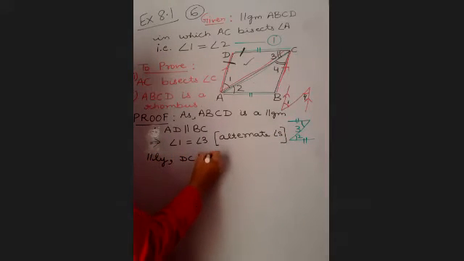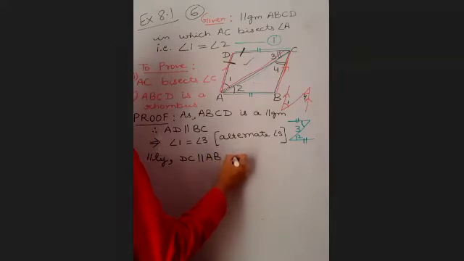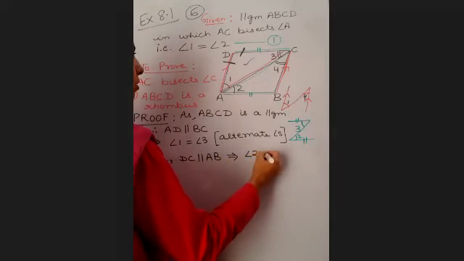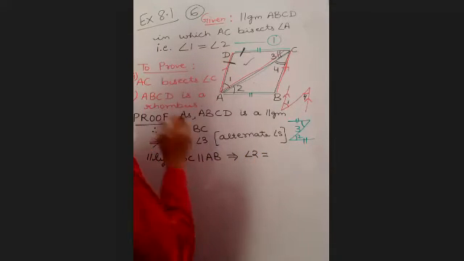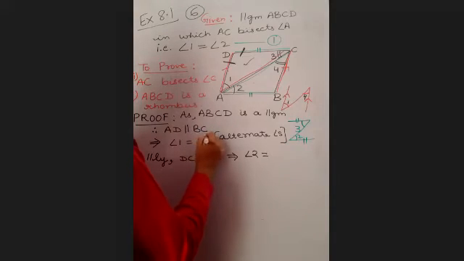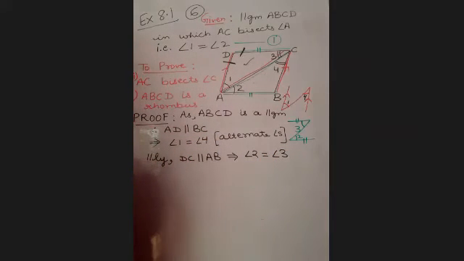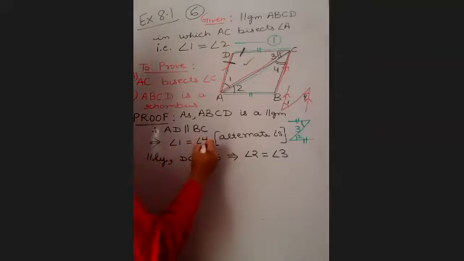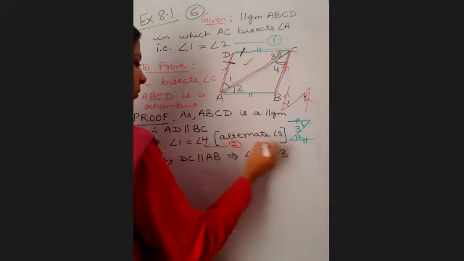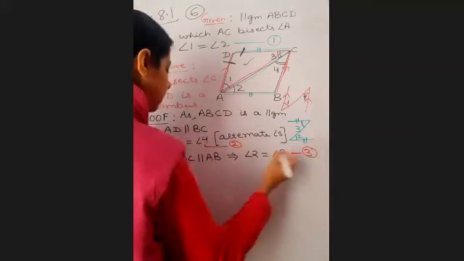Similarly, DC is parallel to AB, which means angle 2, sorry, I made a mistake. Angle 1 equal to angle 2. Angle 2 is equal to angle 3. Let me number these equations as 2 and this as 3.